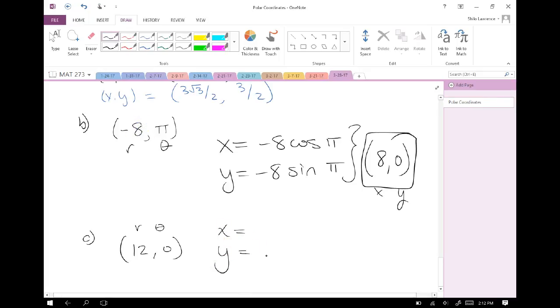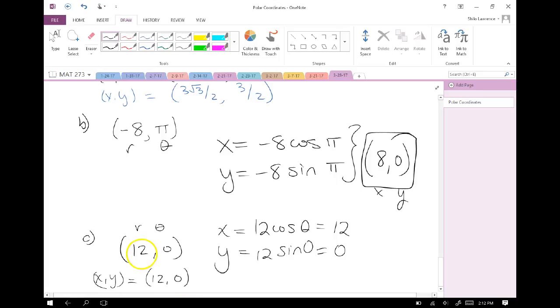12 cosine 0, 12 sine 0, and x comes out to be 12, y comes out to be 0. So as an xy point, the answer is exactly the same, but it means something completely different.